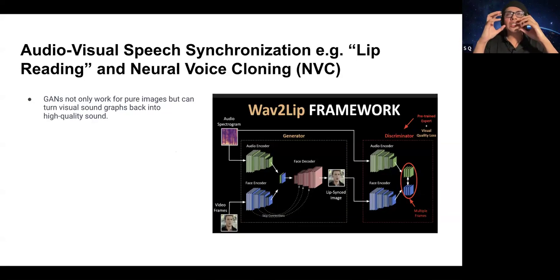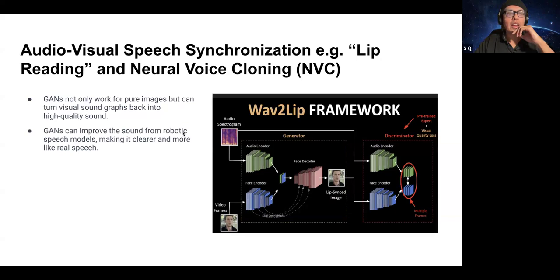It can change the lips based on the sound that comes out of some recorded voice. That in itself is pretty scary if you think about it. But this framework uses a generative adversarial network under the hood, because it's using the same game playing process that we talked about earlier.